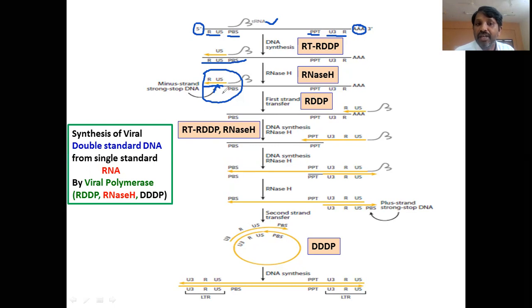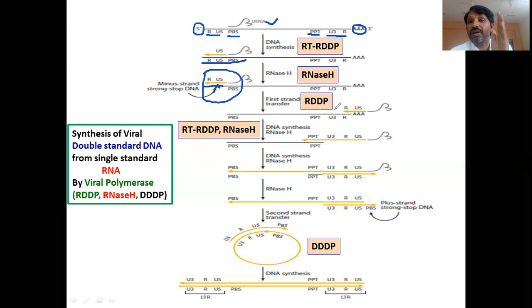This chimeric tRNA and R fragment goes and binds to the R region at the 3' end. Then the first strand cDNA synthesis takes place again.